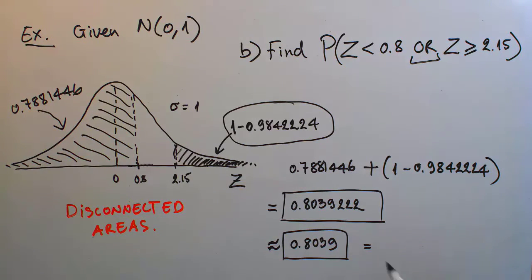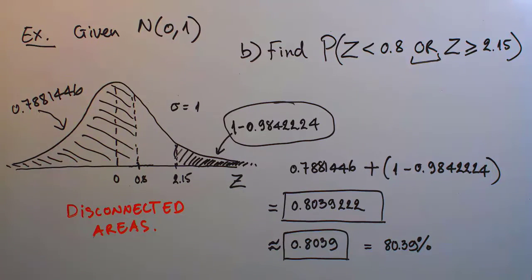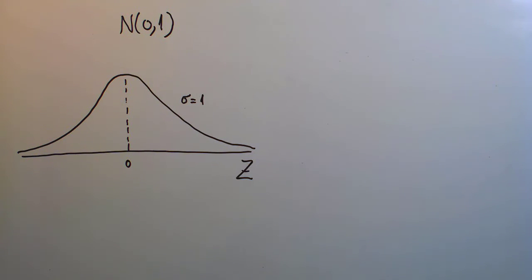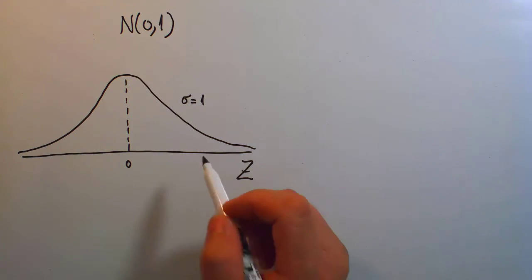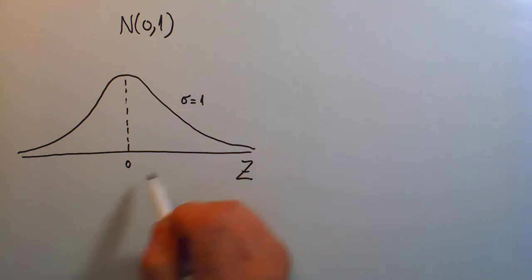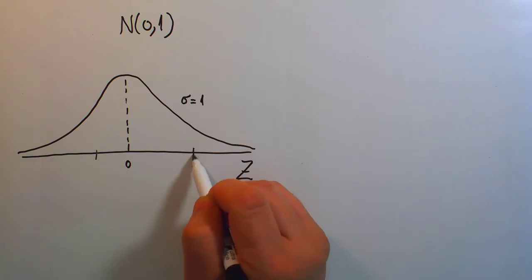And as an interpretation, it takes about 80.39% of times data falls below 0.8 or above 2.15. As a concluding generality about the type of problem we just solved, generally speaking, we have a z-score low and a z-score high.